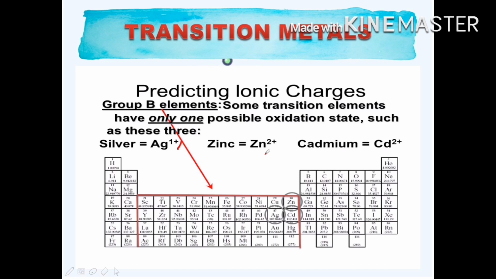We have also zinc, which can only form an ion with a 2 plus charge, and cadmium, which can also form an ion with a 2 plus charge. But take note that the majority of transition metals form more than two types of ions of different charges.